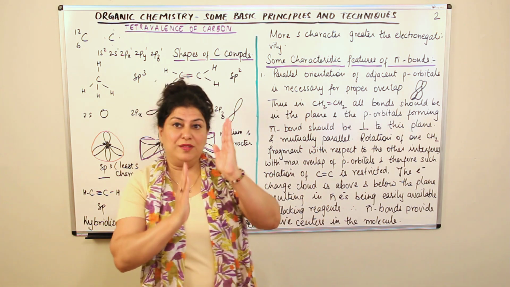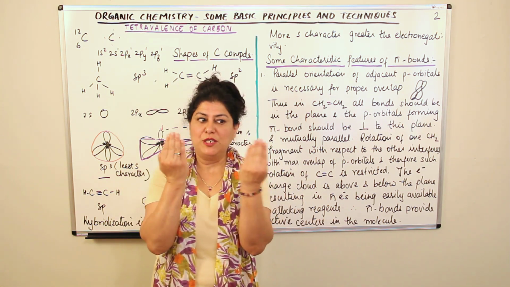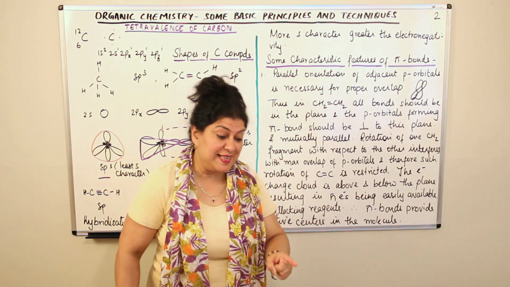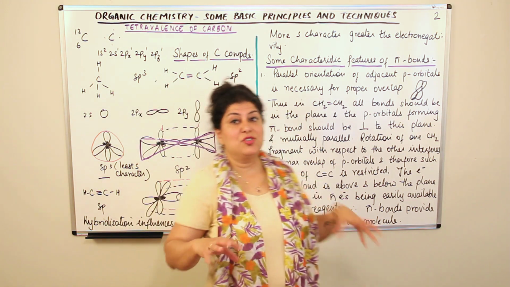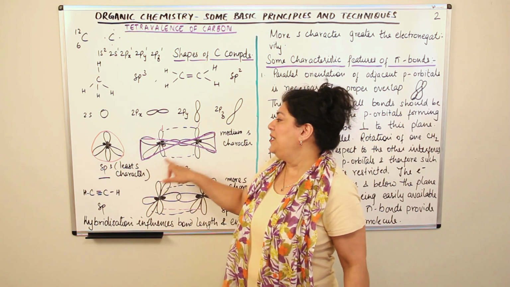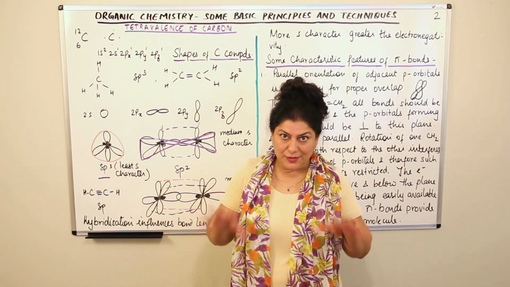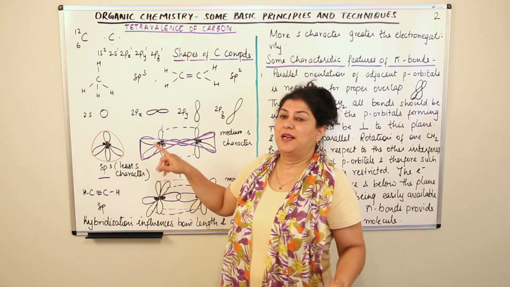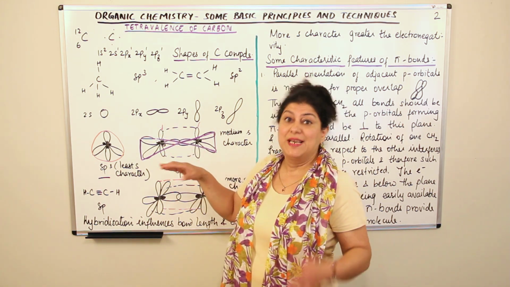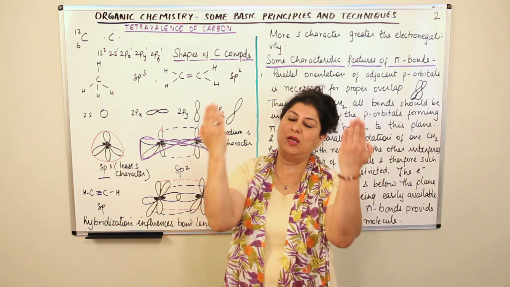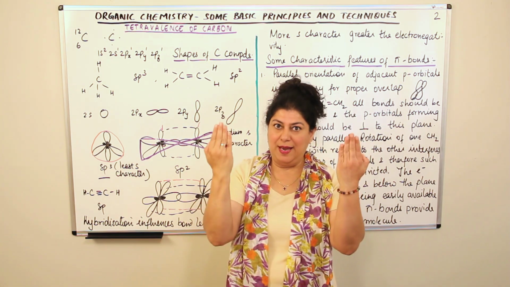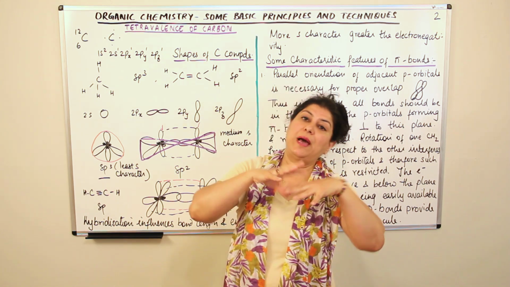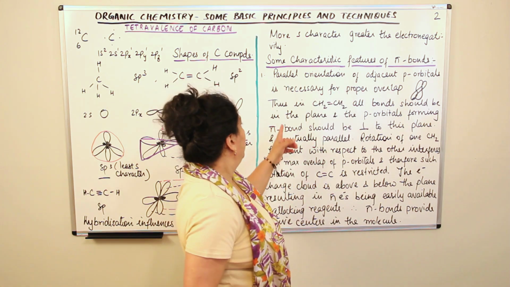So for the p orbitals to fall parallel and overlap sideways, it becomes a necessity that the three bonds of the sp2 hybrid should be in a plane. Only if they are in a plane would the unhybridized p orbital be perpendicular to it, and both of them are perpendicular, at the same angle, and parallel. Only then would they overlap and form the second bond.